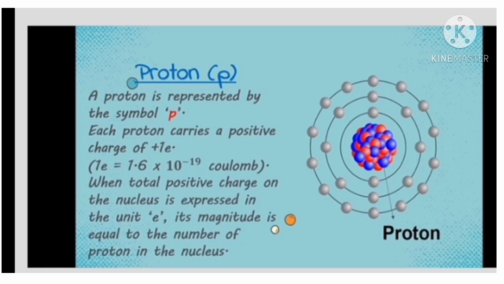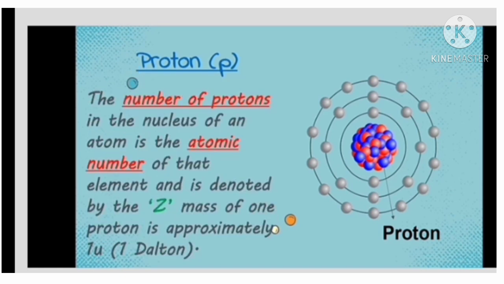Each proton carries a positive charge of +1e. When the total positive charge on the nucleus is expressed in the unit e, its magnitude is equal to the number of protons in the nucleus. The number of protons in the nucleus of an atom is the atomic number of that element and is denoted by Z.